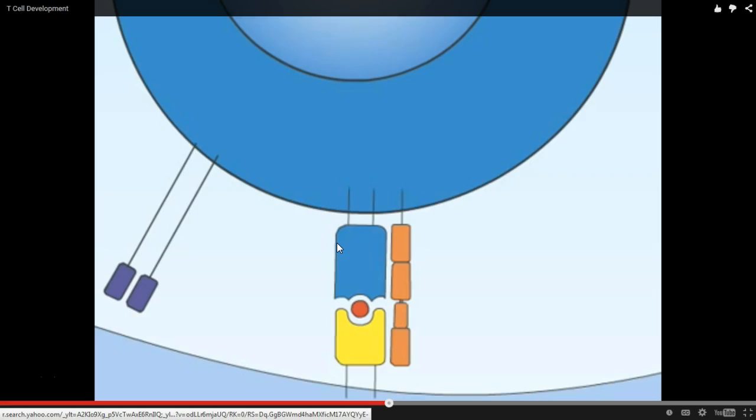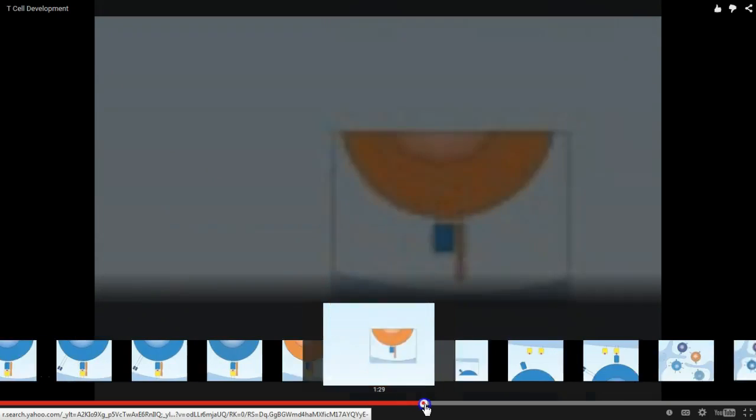As you see later in this animation, they interact with those cells. Dendritic cells and these guys also present MHC class 1. So all your cells do MHC class 1, but these guys are specialists in that they do class 2 as well.